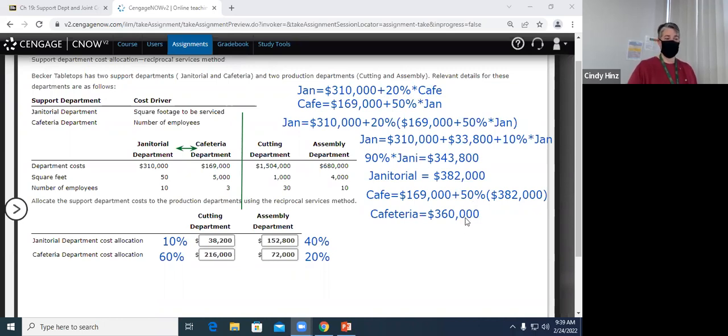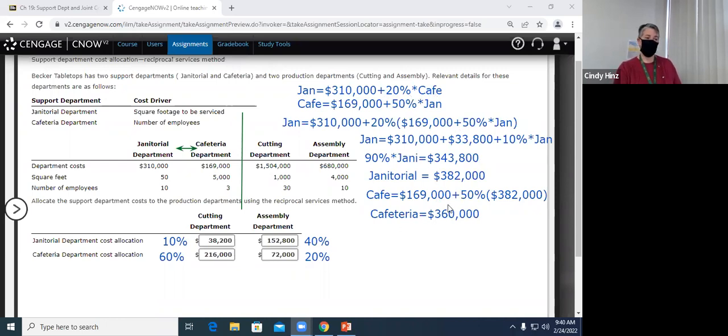And the same thing happened for the cafeteria. It got an allocation from janitorial. It got 50% of the janitorial. Janitorial is 382,000. 50% of that is 191,000.